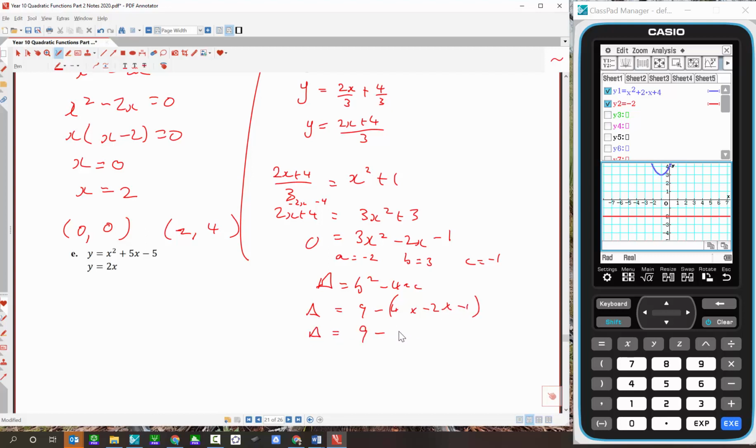Okay, 9 take away 4 times negative 2 is negative 8. Negative 8 is 8. Discriminant is equal to 1.